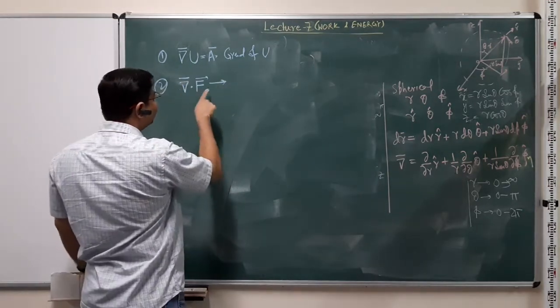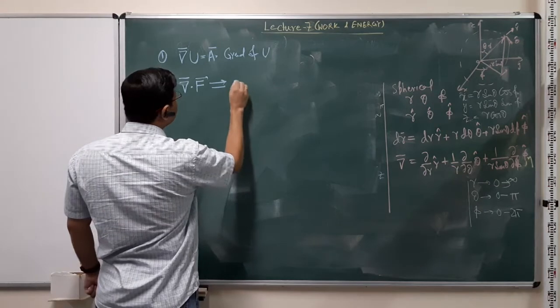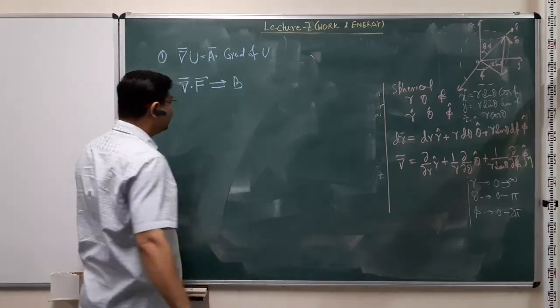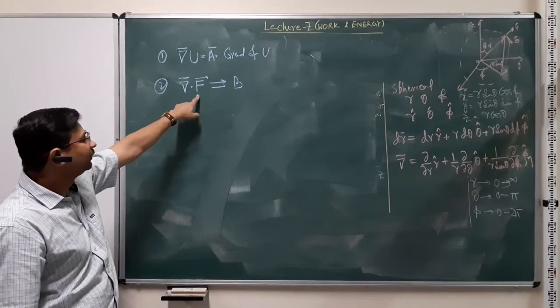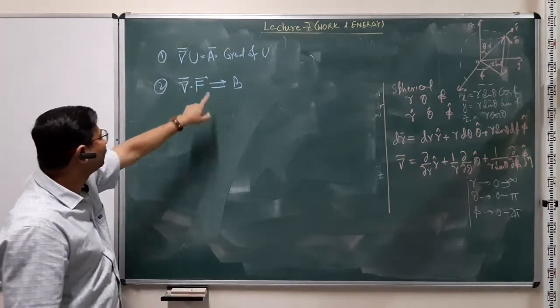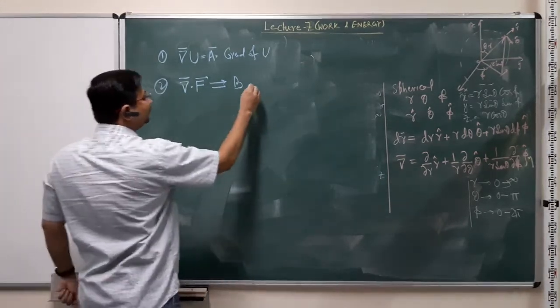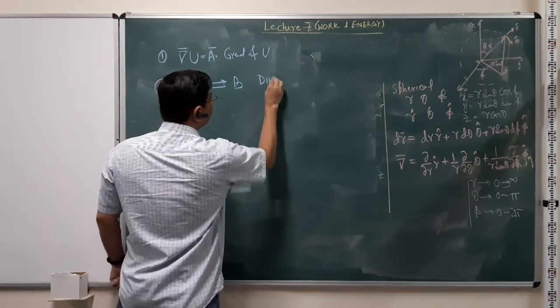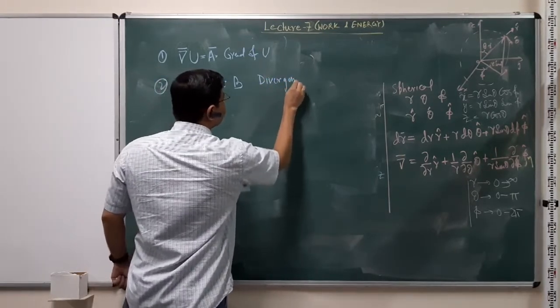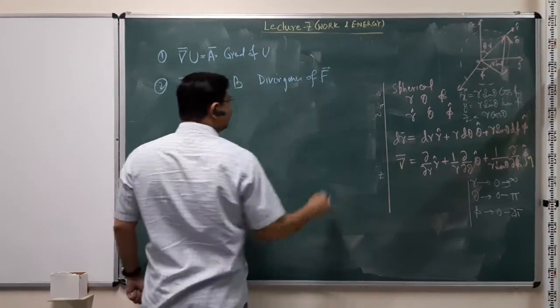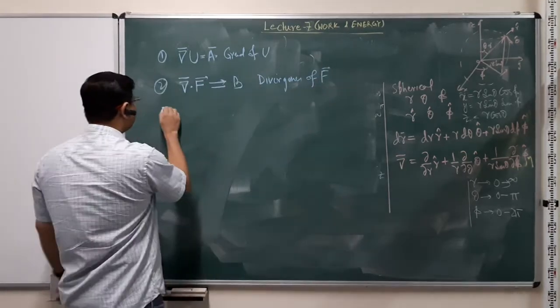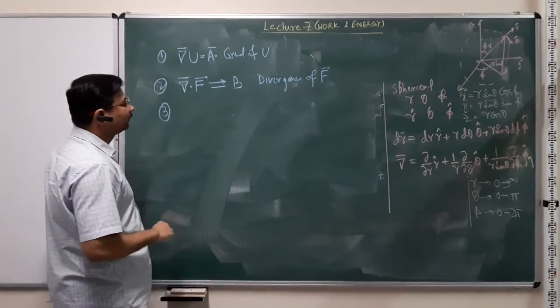Del dot f is going to be equal to some scalar. Let me write it down as b. Here f is not the force, it is some vector. So del dot f, just like a dot b, is going to be some scalar. We can define it like this. This is called divergence of f.